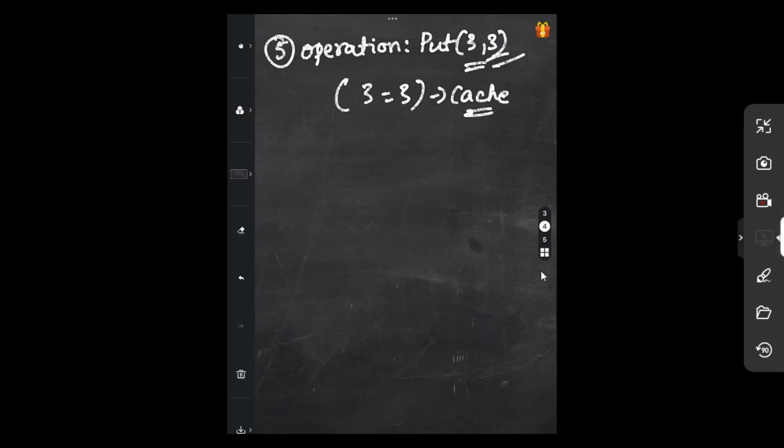Now the cache is full. The capacity is 2 itself, right? So we have to evict the least recently used key, which is 2 in this case.